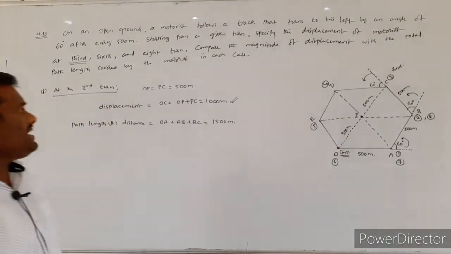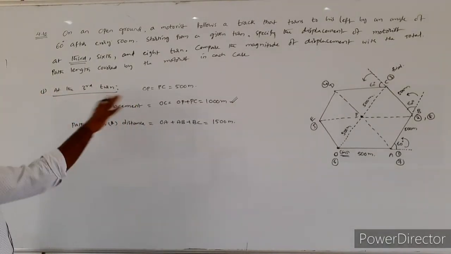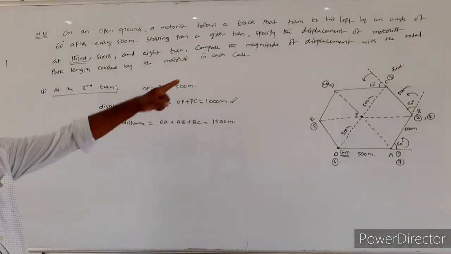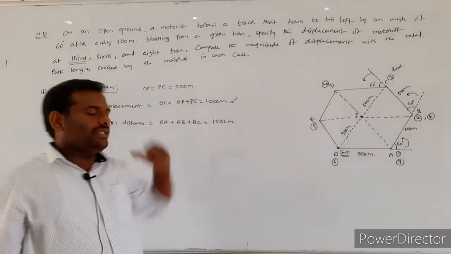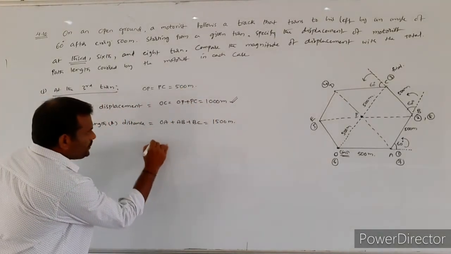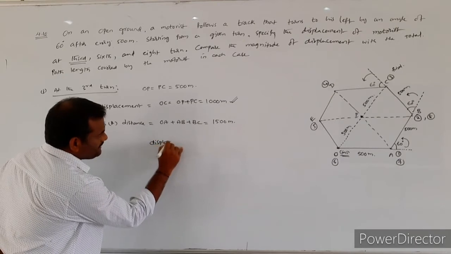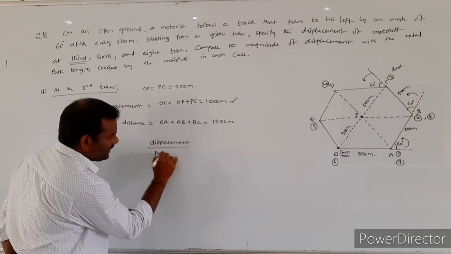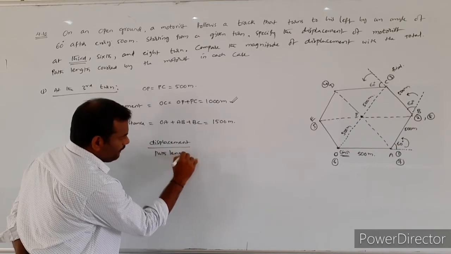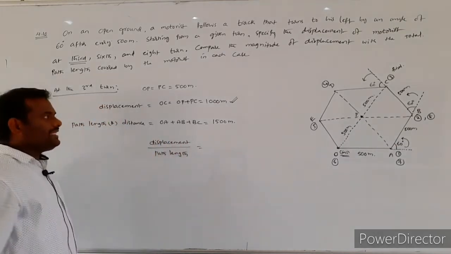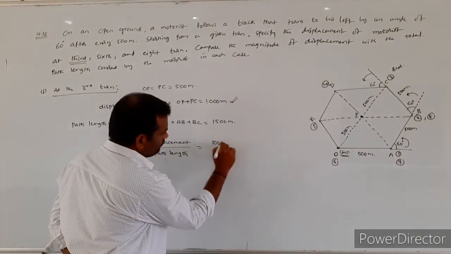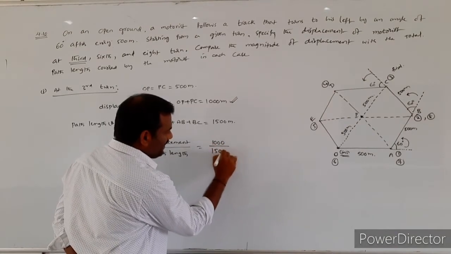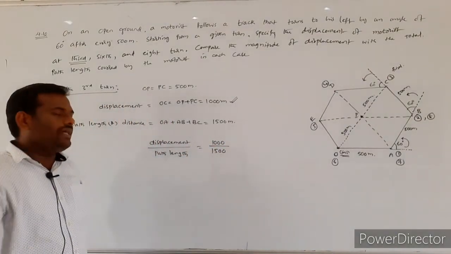Now what was he asking? They are asking to compare the displacement with the total path length. So I will take the ratio of displacement by path length. What is the displacement value? 1000, and the path length value is 1500.